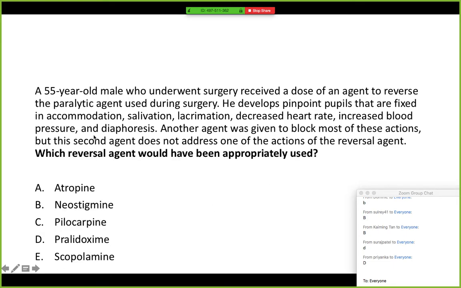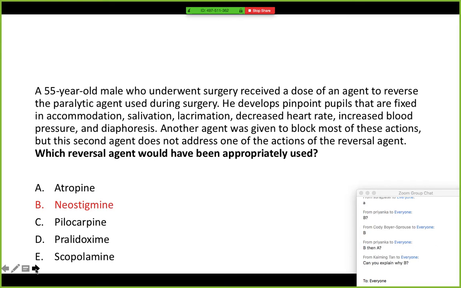And same stem, but just a different question here at the end. So which reversal agent would have been most appropriate? Yeah, so the correct answer here is neostigmine.